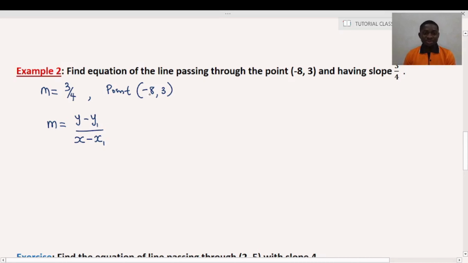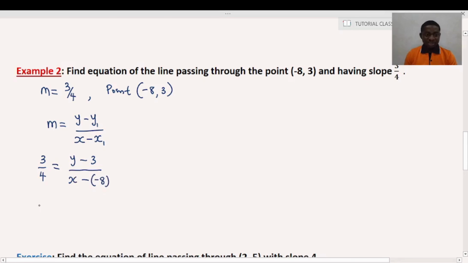All right, now this is our x1, this is our y1. Let's substitute it into this as well as the m. That will be 3 over 4 equals (y minus 3) divided by (x minus x1), and x1 is -8.